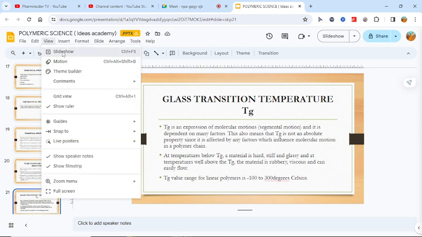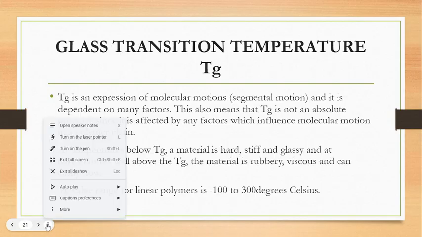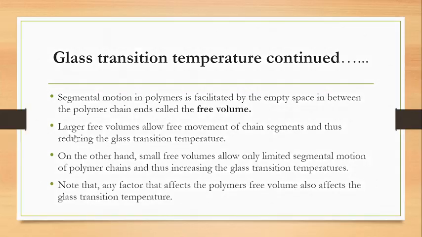So far on the glass transition temperature, we have said that glass transition temperature is an expression of molecular motions, and that there cannot be glass transition temperature defined without those molecular motions. We need to at least experience some molecular motions for us to define glass transition temperature. I have given you the Tg ranges, and from which form it is transitioning to which.